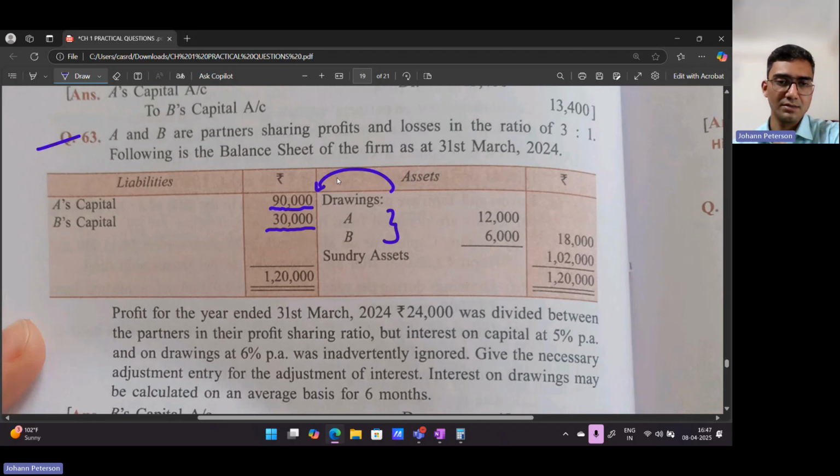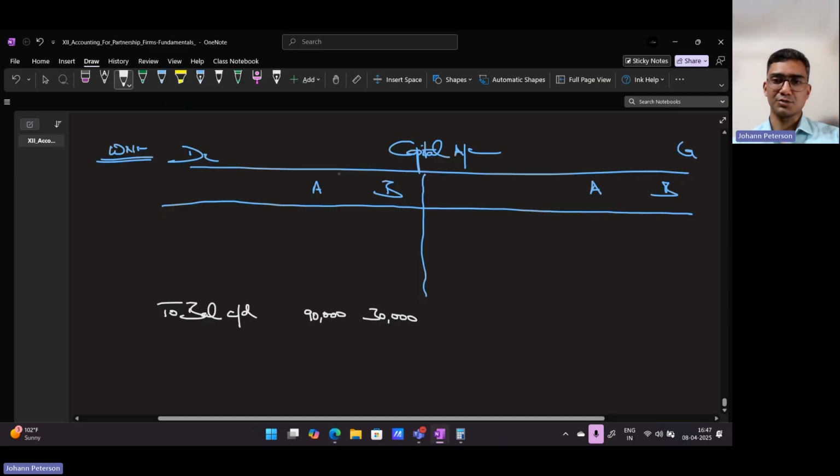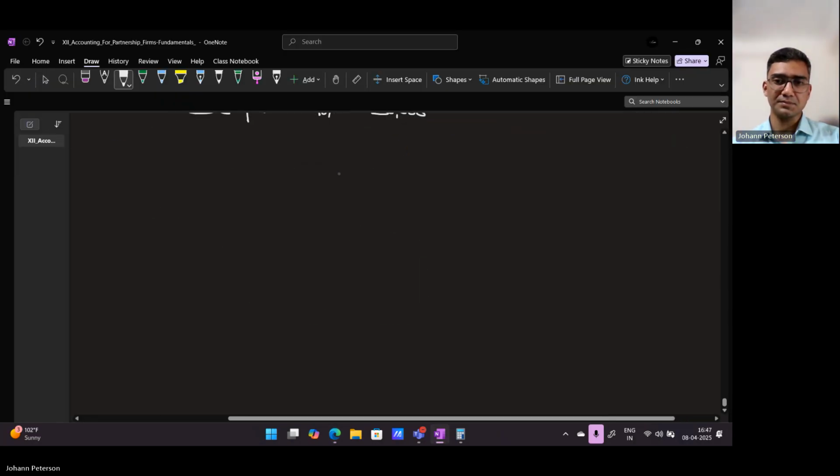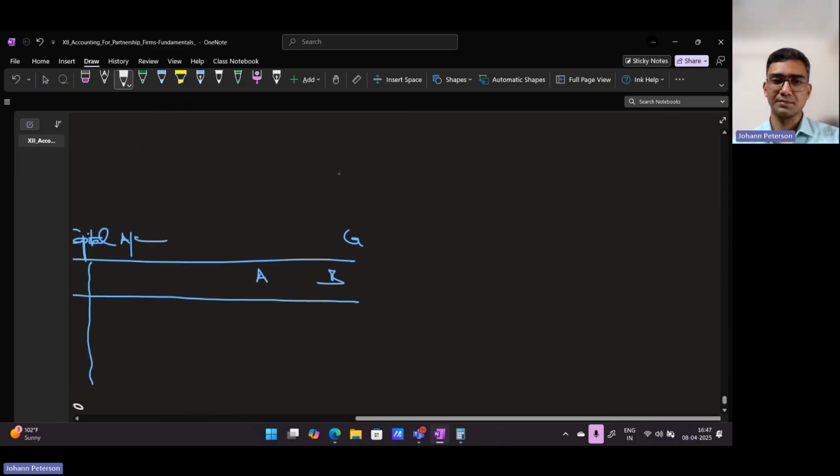So in this question, the only difference here is that this balance is given to us and these drawings are written on the asset side. If we consider class 11, we had never written it on the asset side. We had always done it as a deduction from the opening capital. Okay, so here what I'm trying to say, if I show it diagrammatically, I'll show it on this side.